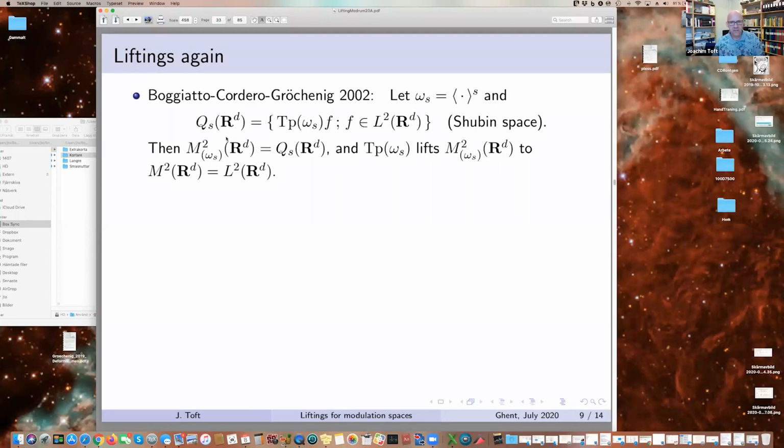And then we define this Shubin space in this way. And they proved that this Shubin space agrees with this modulation space, and also that this Toeplitz operator lifts this modulation space into L2.